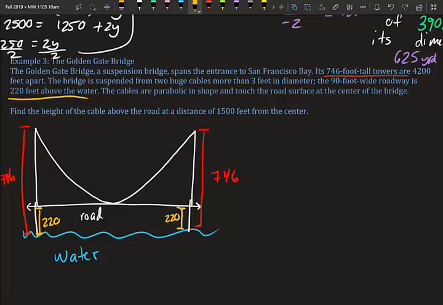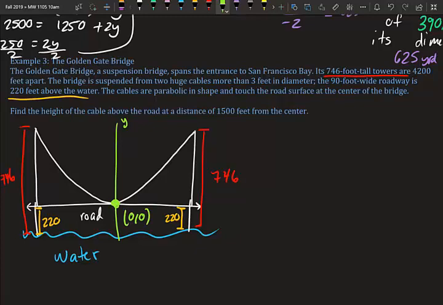Alright, now it's saying a whole bunch more information, that it creates a parabolic shape at the center of the bridge. So if I wanted to continue drawing this as an X and Y chart, here's our Y's. So this is the center of the bridge, which is 0, 0.